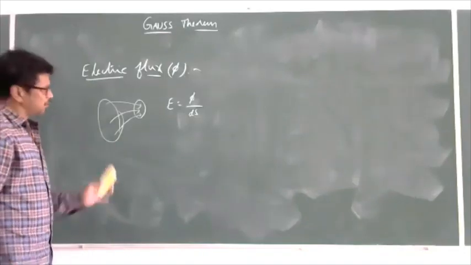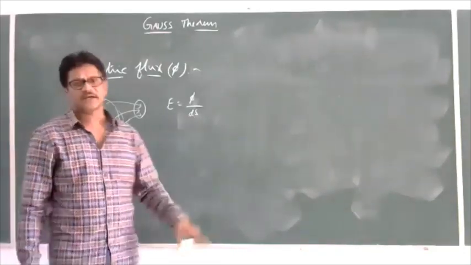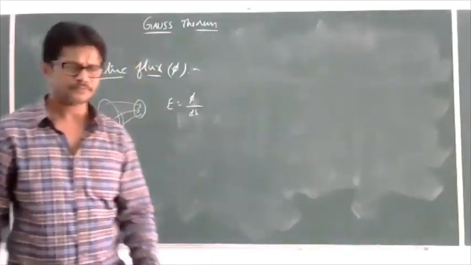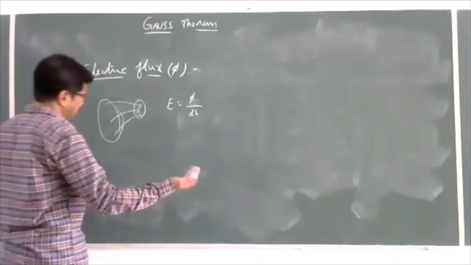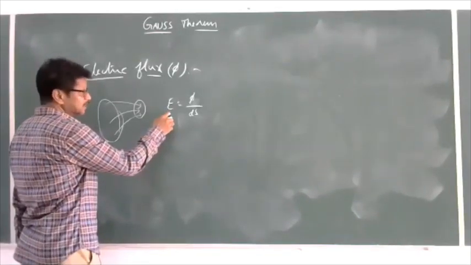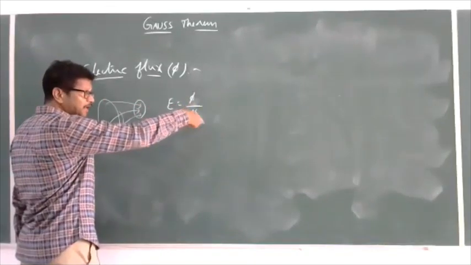So here the question arises: is area a vector quantity or a scalar quantity? Before that, the electric intensity is nothing but the electric lines of force per small area.